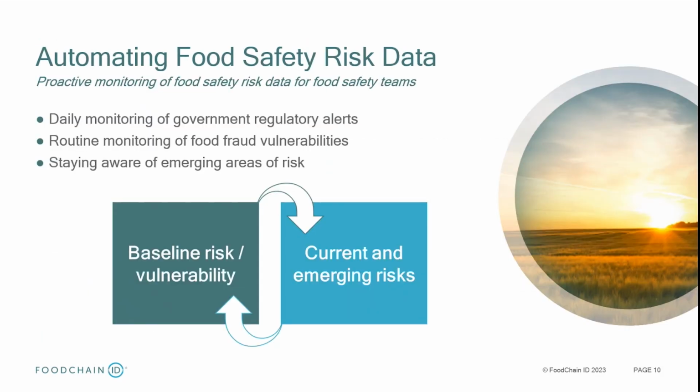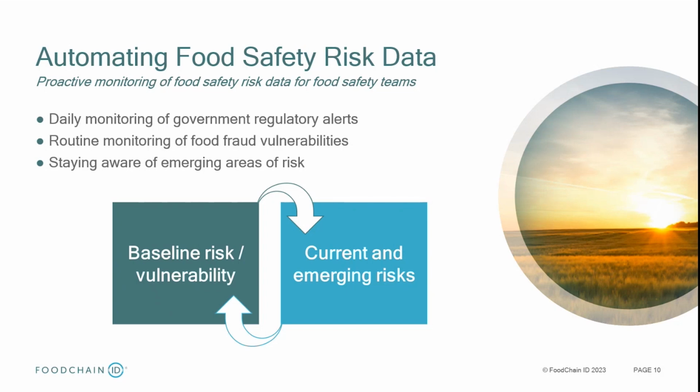So it's clear that as a food producer, you need to be reviewing a variety of sources of information about biological, chemical, and physical risks, including those resulting from food fraud. A holistic approach to risk assessment involves an interplay between baseline risks and vulnerabilities and current or emerging risks and vulnerabilities.